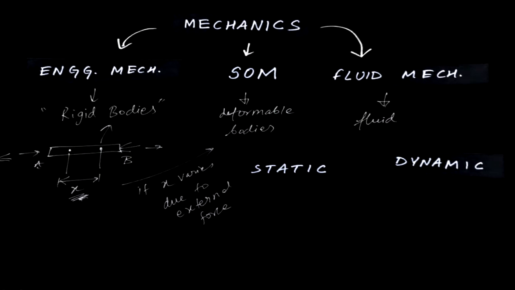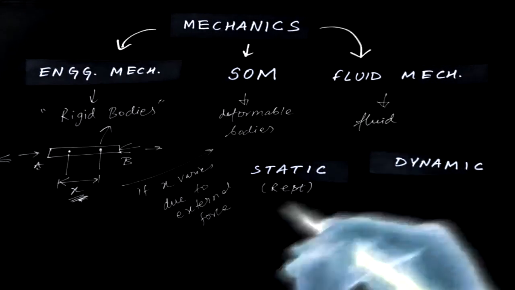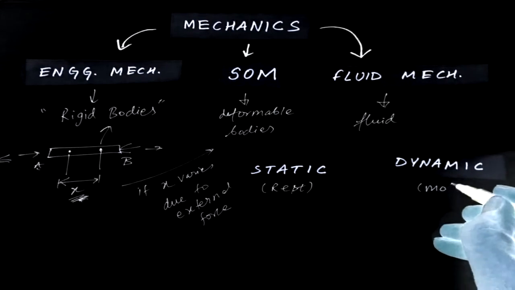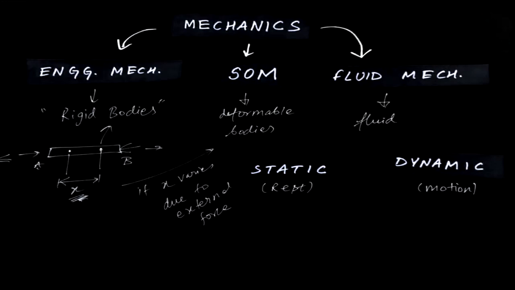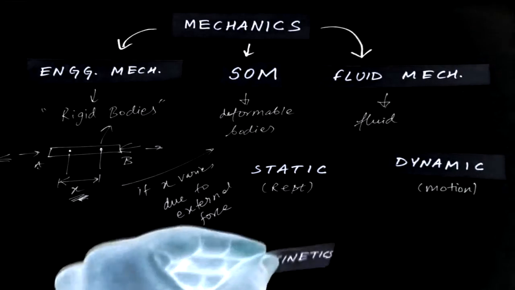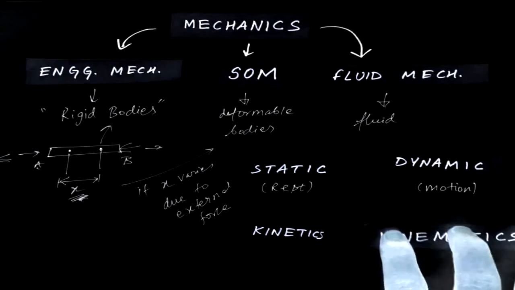The name suggests, static means the body at rest. In dynamic, the body is in motion. And then this motion is again of two types. One we call kinetics and one we call kinematics.